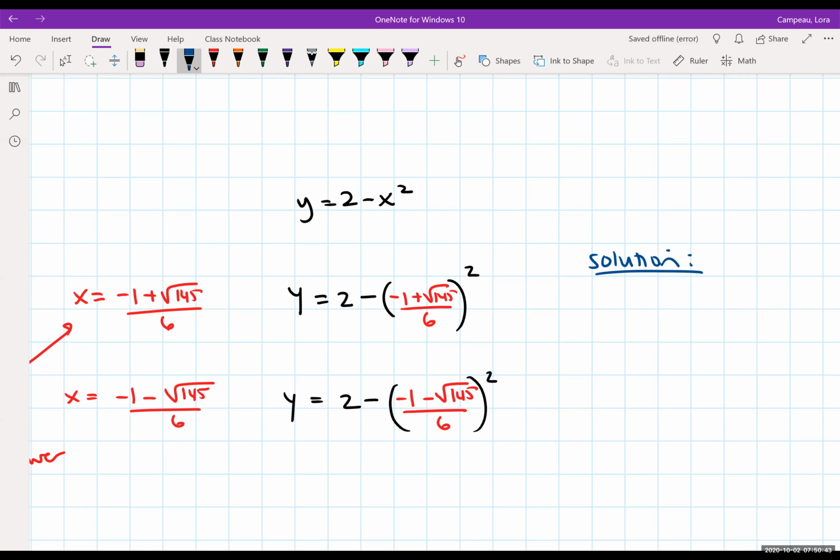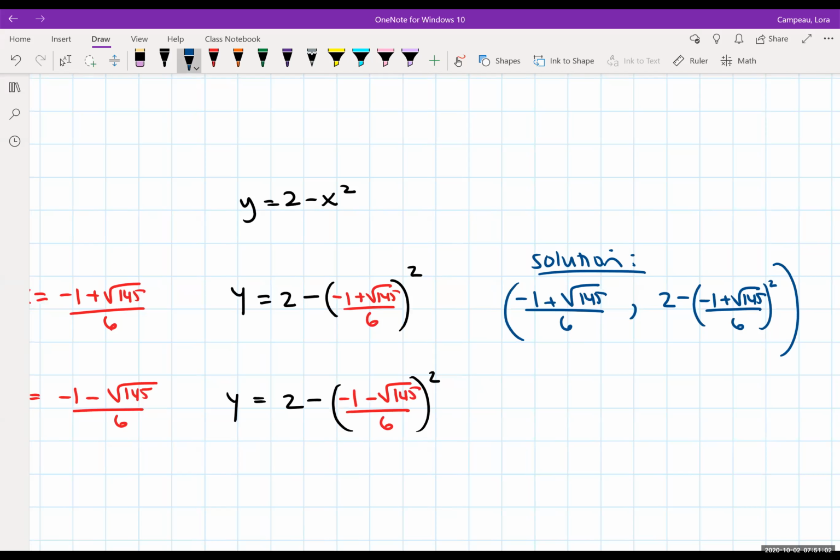As an ordered pair, your x value, negative 1 plus the square root of 145 all over 6, and 2 minus negative 1 plus the square root of 145 all over 6 squared. That, my friends, is good enough for this y value, at least for the purposes of our course. Yes, you could multiply the binomial-like radical out and simplify a little bit more, but it's really not worth it at this point. So that's good enough.